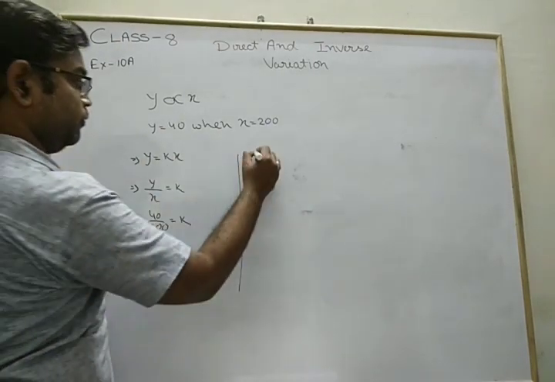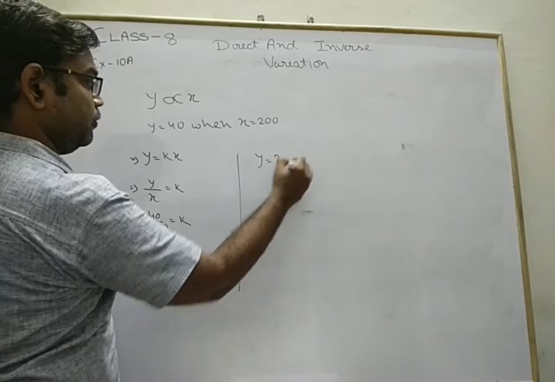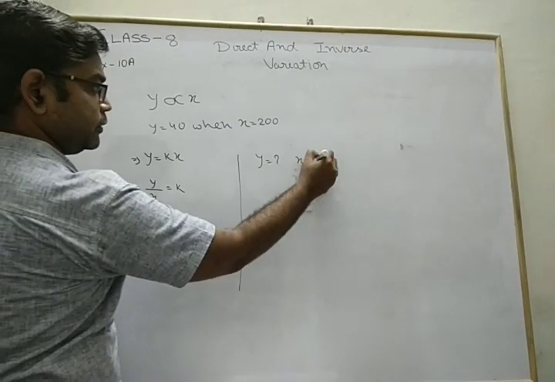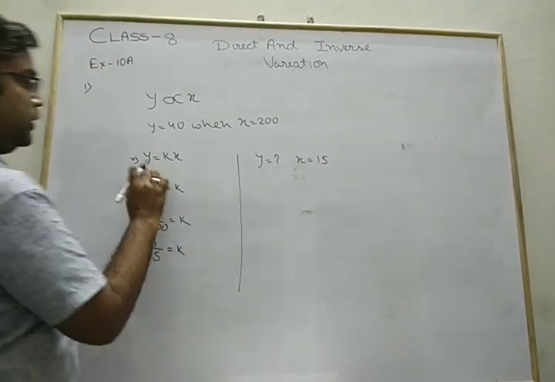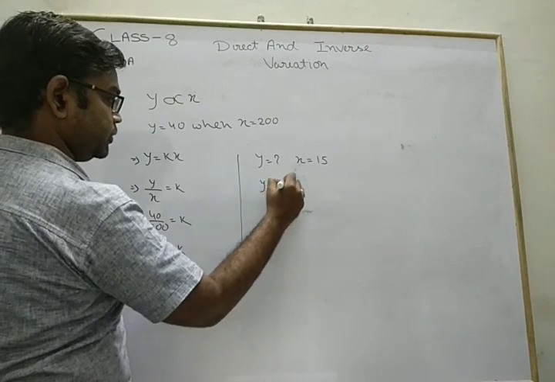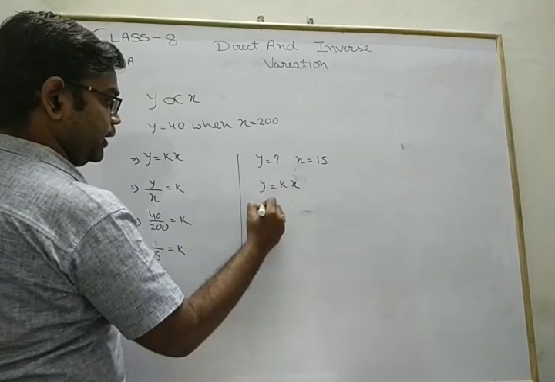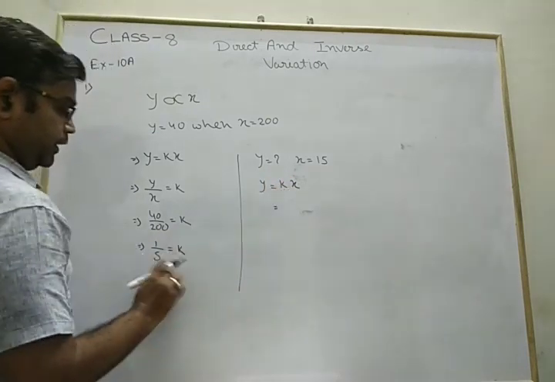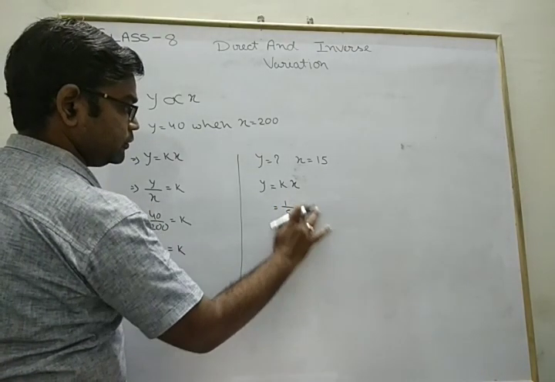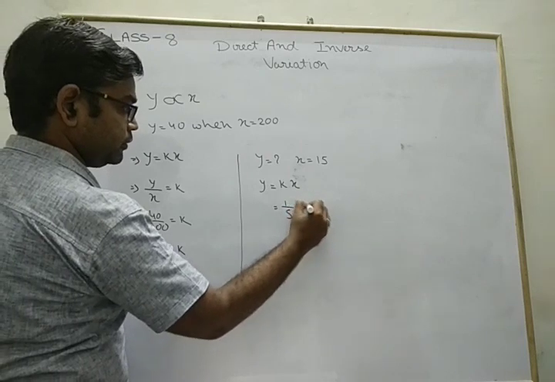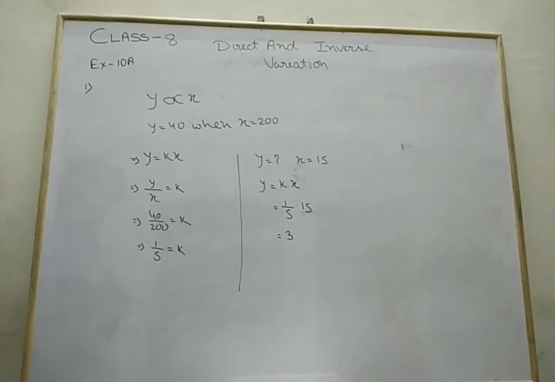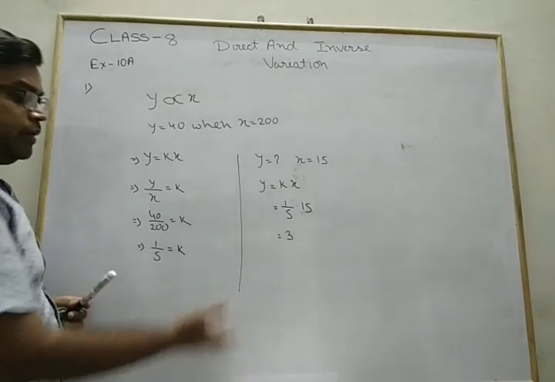As we know y equals k into x, the value of k is 1 upon 5 and the value of x is 15, so the value of y is 3. This is your solution by the standard method we discuss in the book.